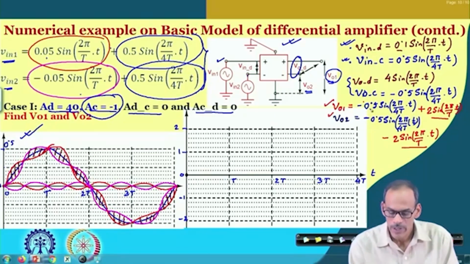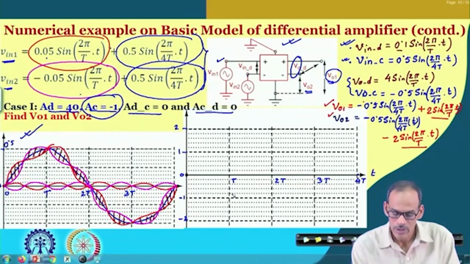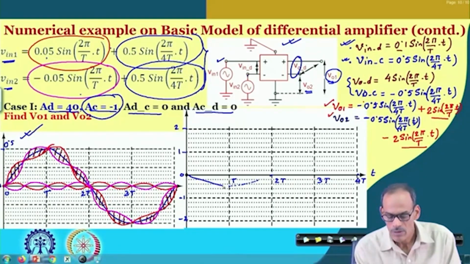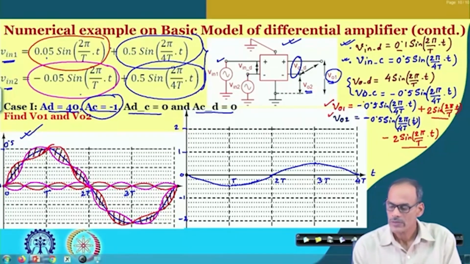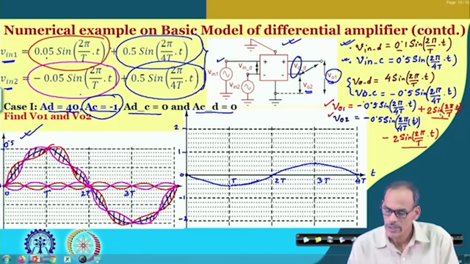Now, here the common mode part has a frequency of 1 by 4 T. So, that means this is the time period, and its amplitude is 0.5 and it is minus. So, we can see that the blue part, the common mode part, is having this kind of sinusoidal signal, and then on top of that we do have the red color part.